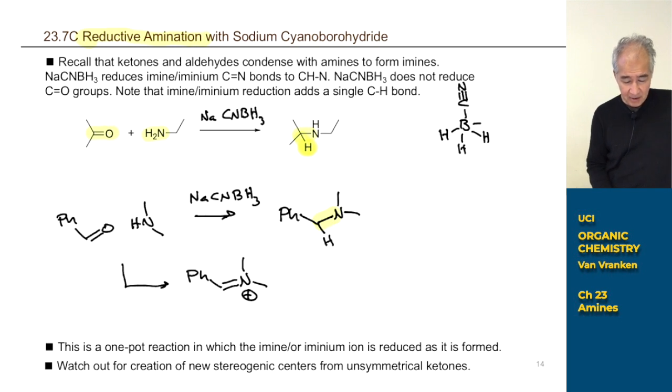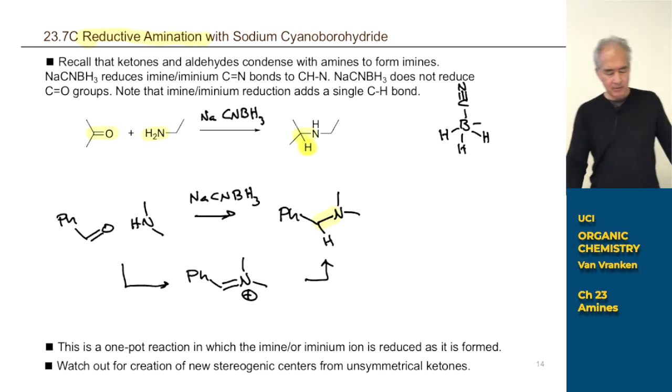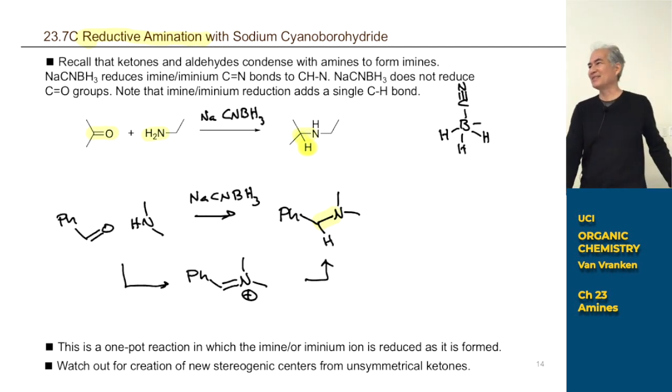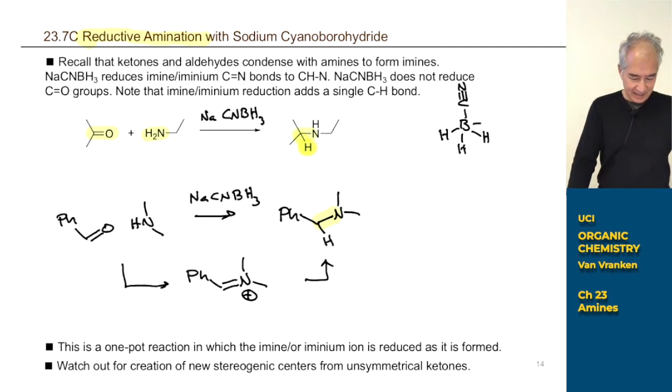There's a tiny amount of iminium ion in here, and you might be saying, well, Dave, you told us that you have to have acetic acid for making iminium ions and enamines, and you're right. In fact, the recipe is sodium cyanoborohydride with acetic acid, and the book doesn't tell you that, so I'm not going to make you memorize the fact that there's acetic acid in this recipe.